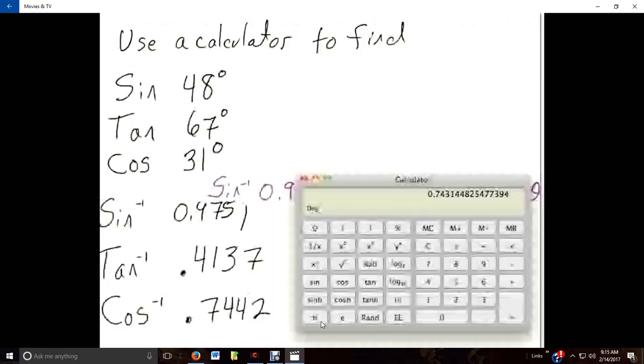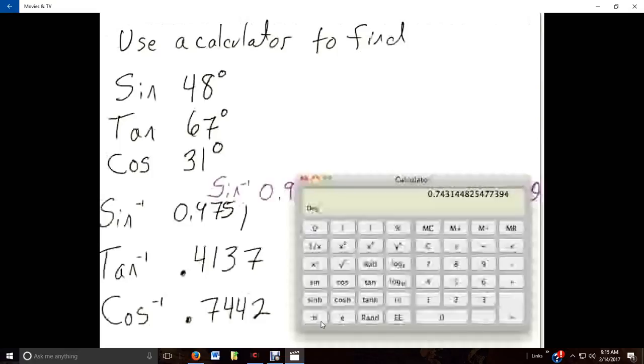That is the ratio of the opposite side to the hypotenuse. Any triangle that has a 48-degree angle in it, whatever the opposite side is, the hypotenuse will have to satisfy this ratio. One thing I want you to notice here is the little DEG in the left-hand corner. That is important.